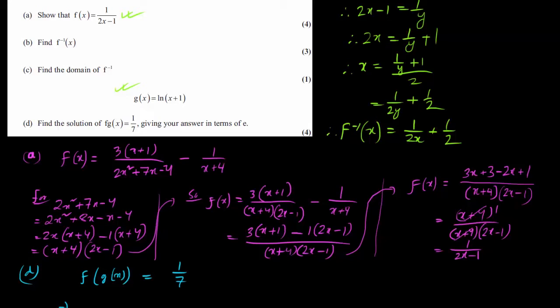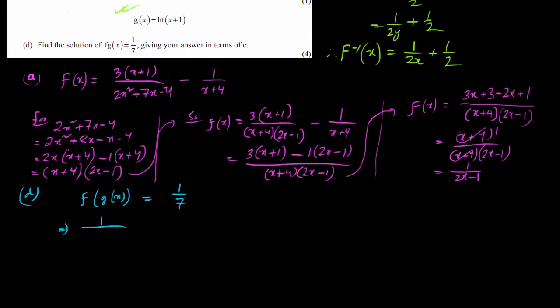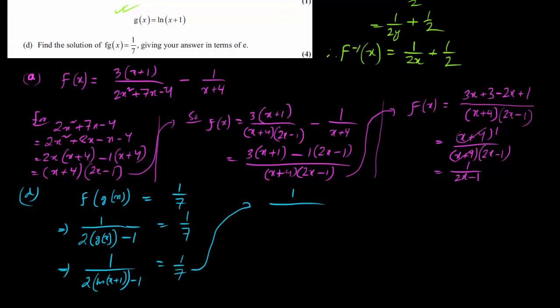So f(x) is 1 by (2x − 1). Instead of x, we write g(x). So 1 by (2g(x) − 1) equals 1 by 7. And instead of g(x), we write ln(x + 1): 1 by (2 ln(x + 1) − 1) equals 1 by 7.